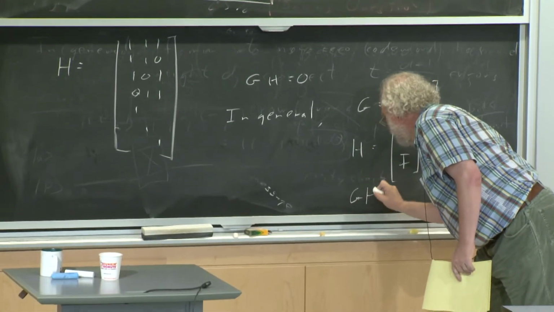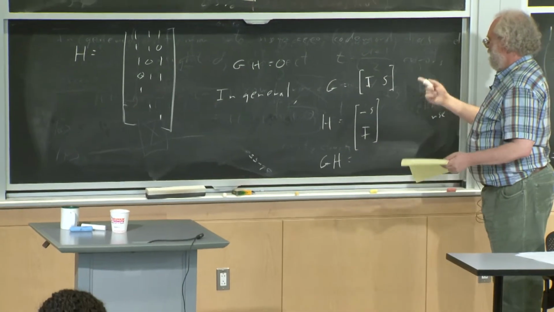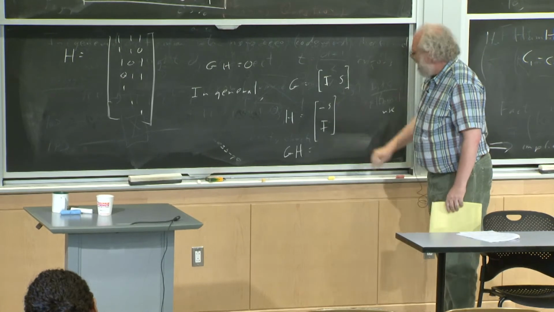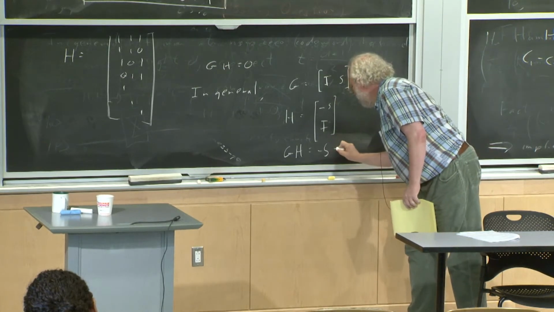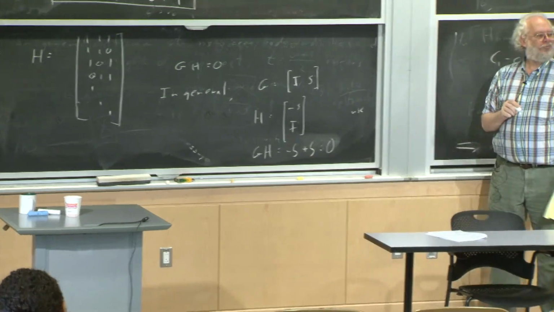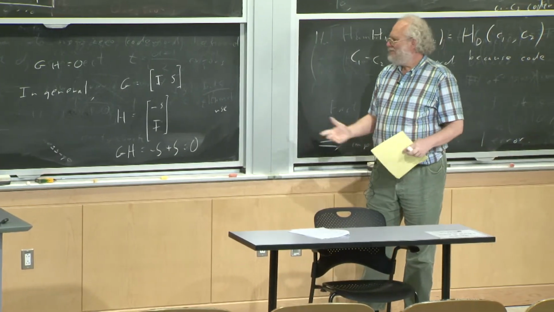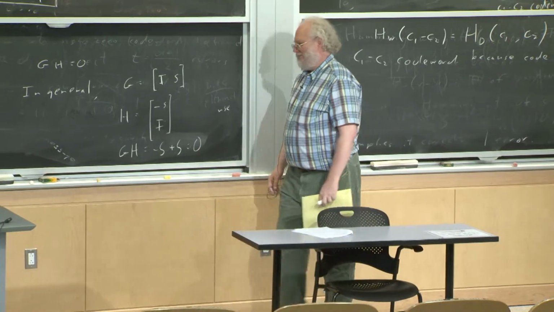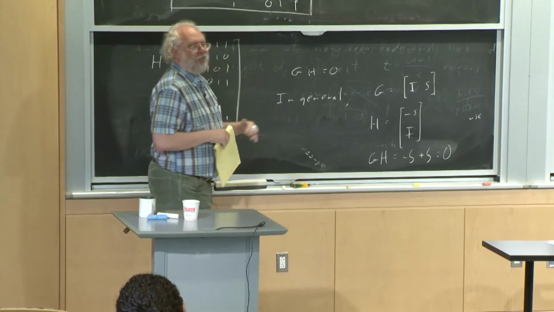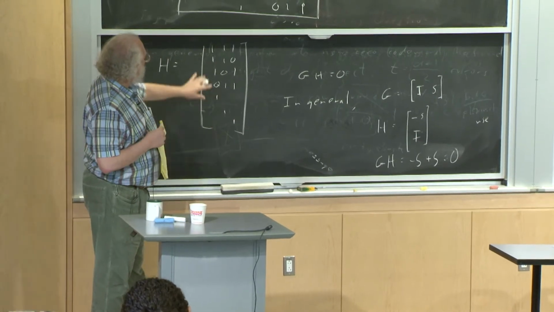GH is equal to, well, just multiply: I times minus S plus S times I. Minus S plus S equals 0. So GH equals 0.